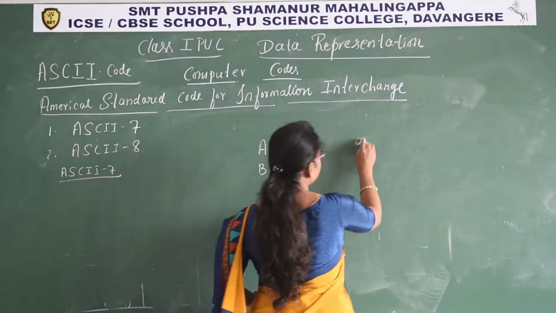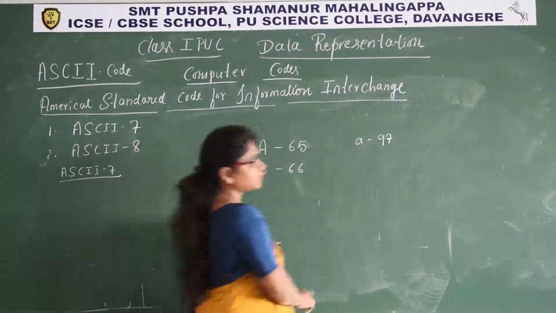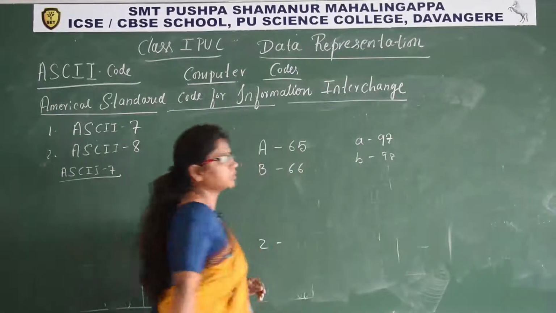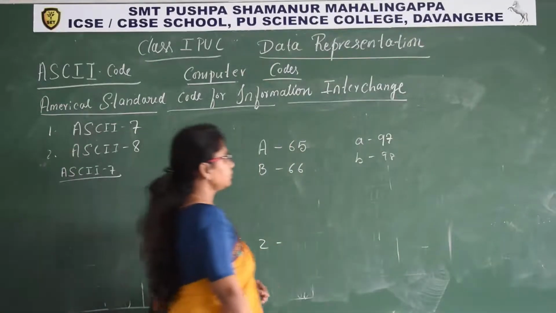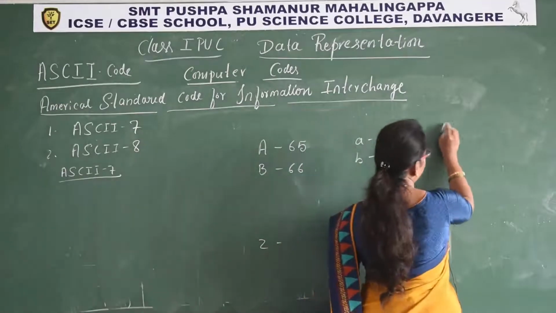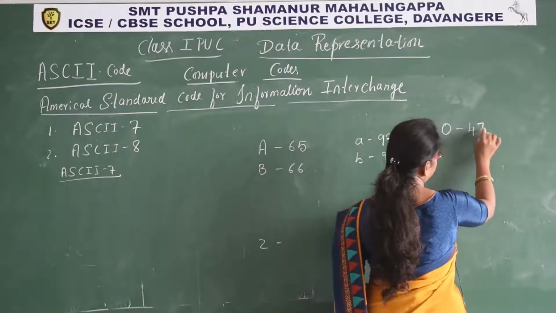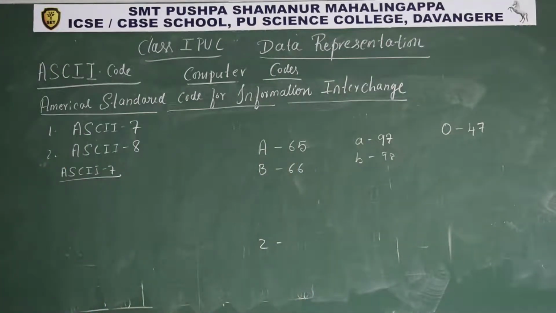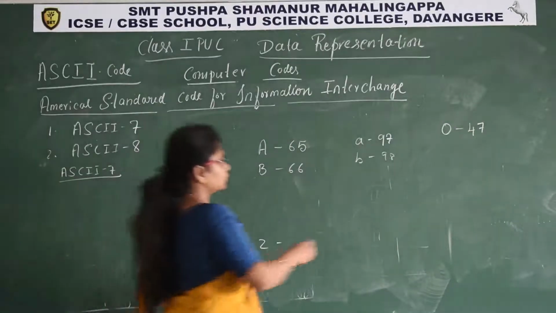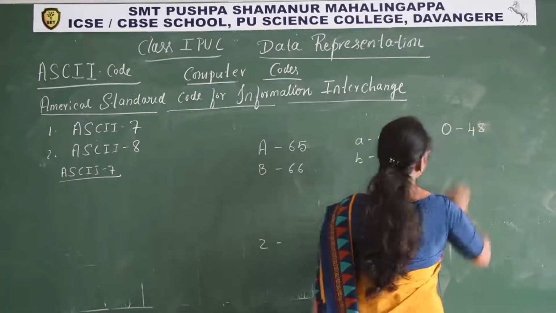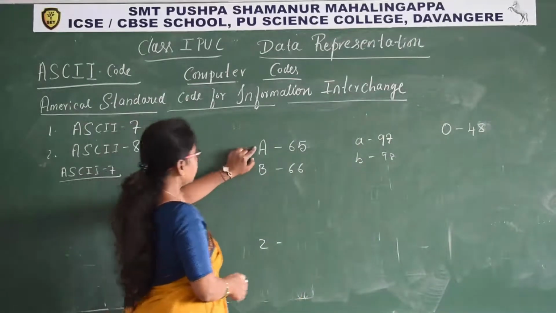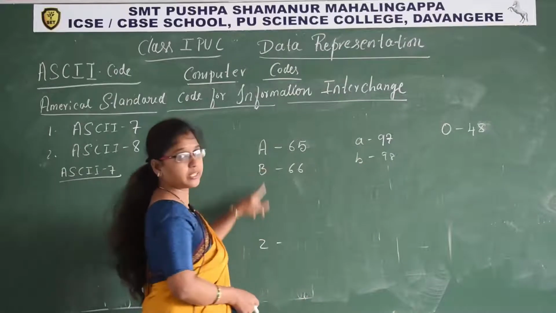Now small a 97, small b 98, like this it goes, and digits start from 48. Now let us write the ASCII value of each character.